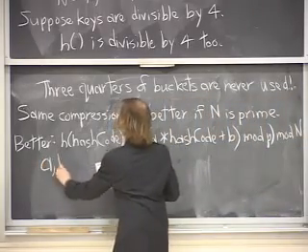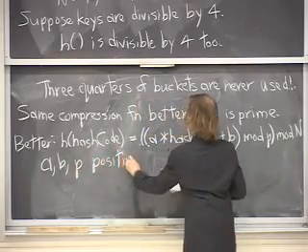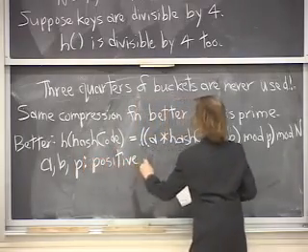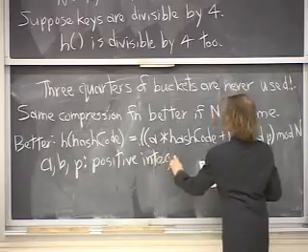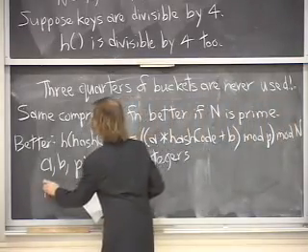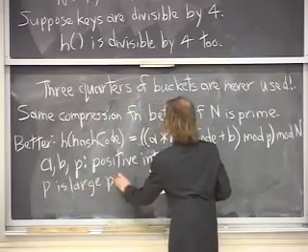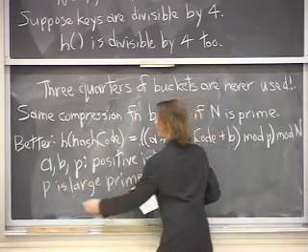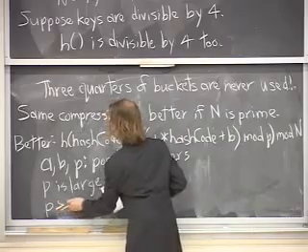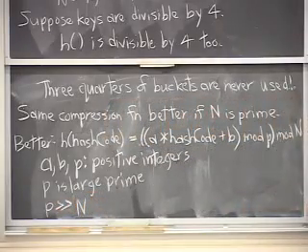So again, a, b, and p are positive integers. p is a large prime, and p should be significantly larger than the number of buckets that you want to use.